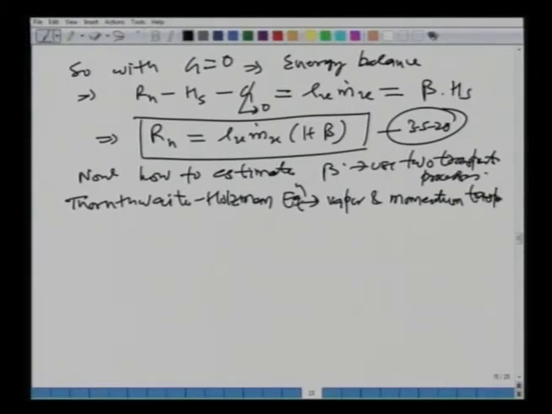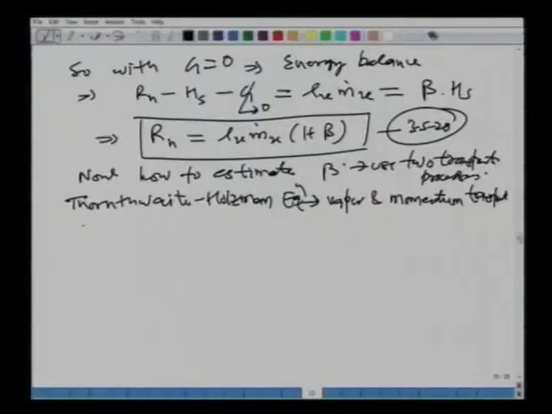We had said that first the liquid gets converted into vapor, so there is a vapor transport taking place, and then once the vapor gets accumulated, it is transported due to the wind action. So, we looked at the momentum transport, and for estimating the Bowen ratio, we will use the two transport processes involved here, which are vapor and heat transport.